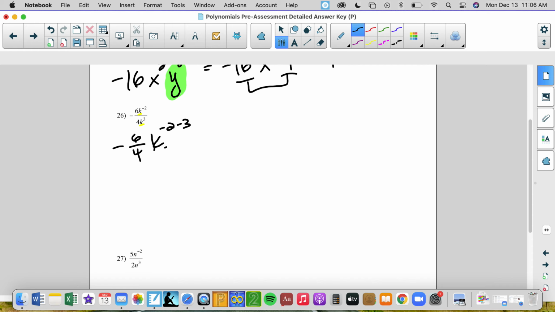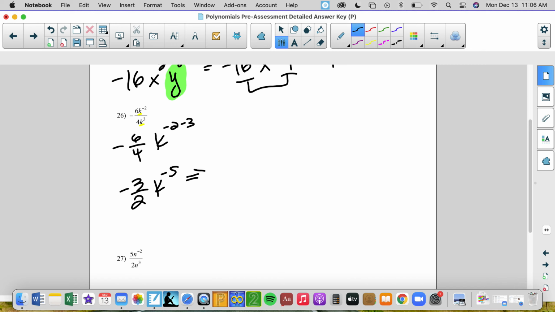And this takes place in the numerator because there's no fraction bar. So please recognize that that is taking place in the numerator. 6/4 can be reduced by 2. 2 goes into 6, 2 goes into 4. So this becomes negative 3/2 k, and negative 2 minus 3 is negative 5.